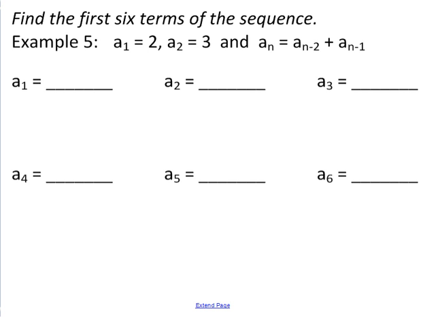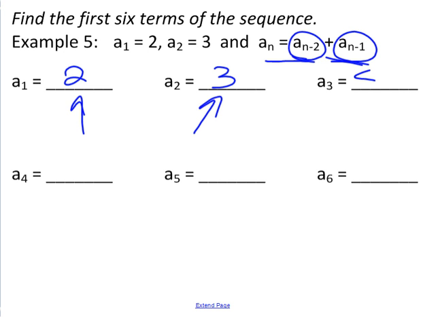All right, let's do another sequence that's kind of similar to the Fibonacci sequence, just starts with different numbers. So the first one is 2, next one is 3. Now to get the next one, we add the 2 prior terms. So 2 plus 3, that 2 and that 3, add them together and I get 5.